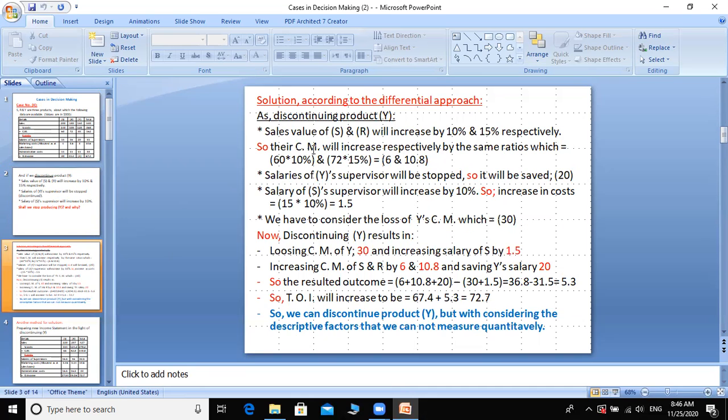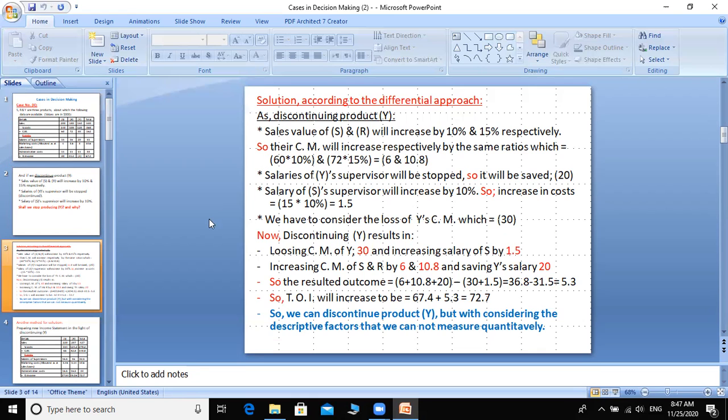So sales of S and R will increase by 10% and 15% respectively. So their contribution margin will increase respectively by the same ratio, which equals 60 times 10% and 72 times 15%. This means $6 and $10.8 increase.